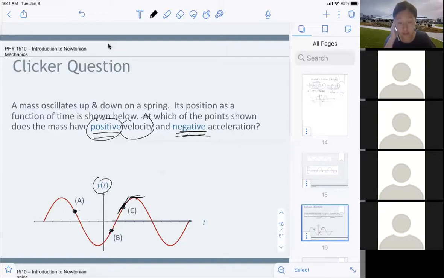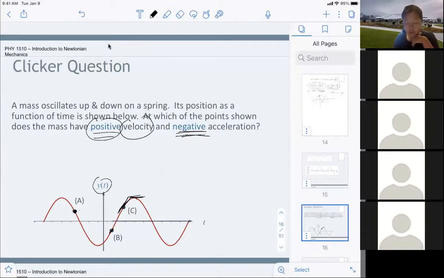So here my velocity is positive, but the rate of change is getting smaller. So my acceleration is opposite, is negative. Is that how you would think about this? Yeah, I think so. Very good, that's a very good approach.